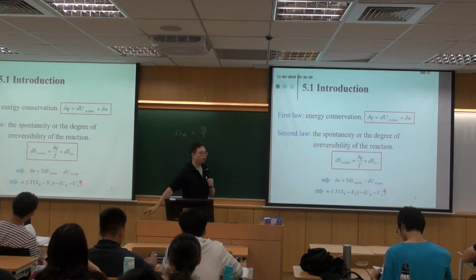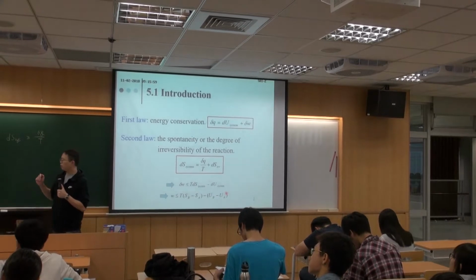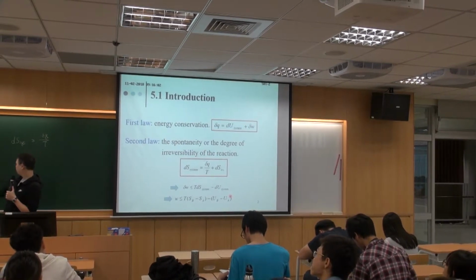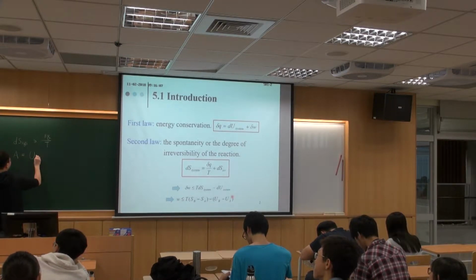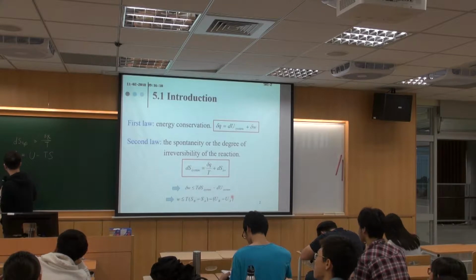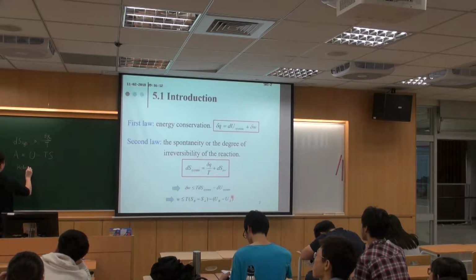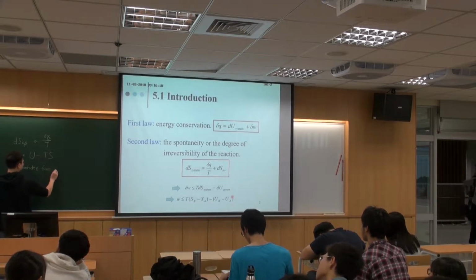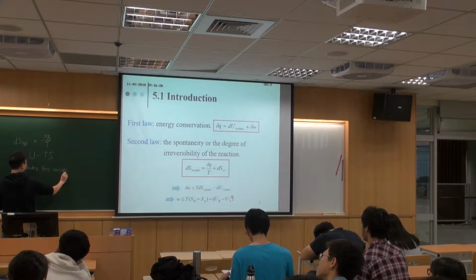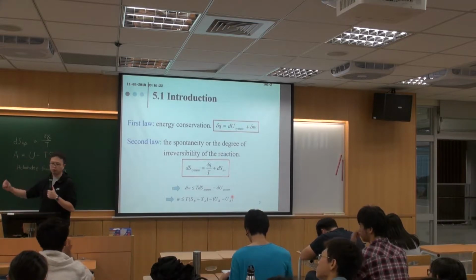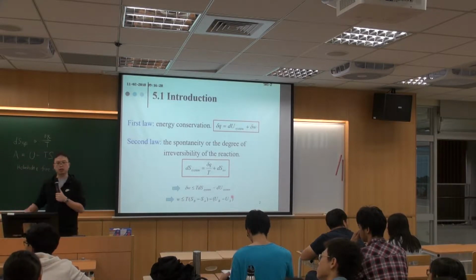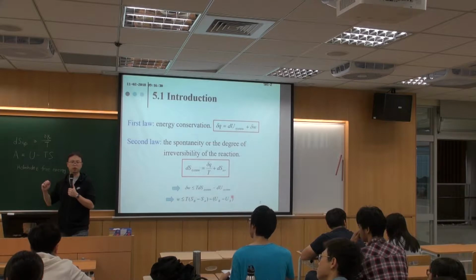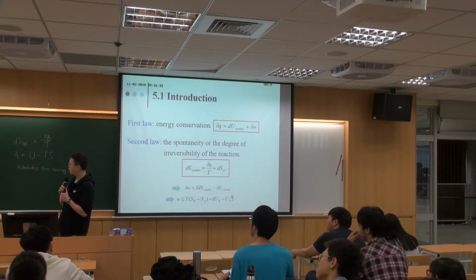And if you still remember, when I mentioned this before the midterm exam, I called A, defined as U minus TS, the Helmholtz free energy. And if you have this term, then you realize that the maximum work that a system can do is actually the difference of Helmholtz free energy before and after this process.